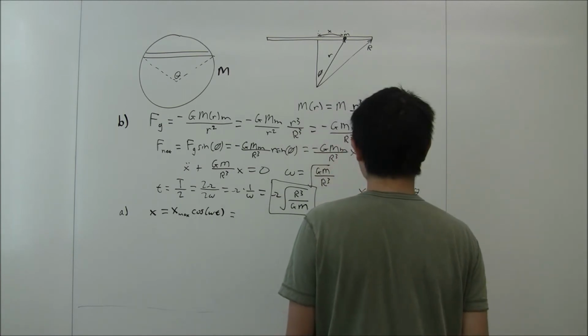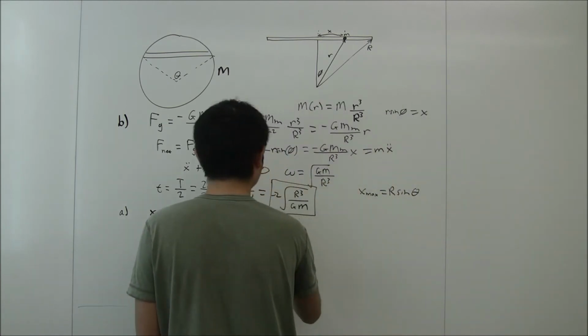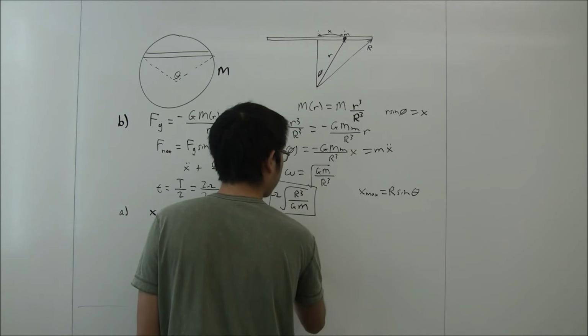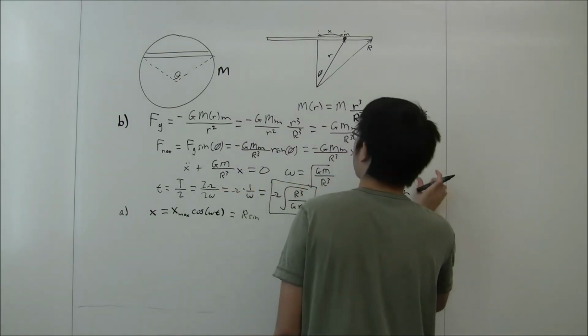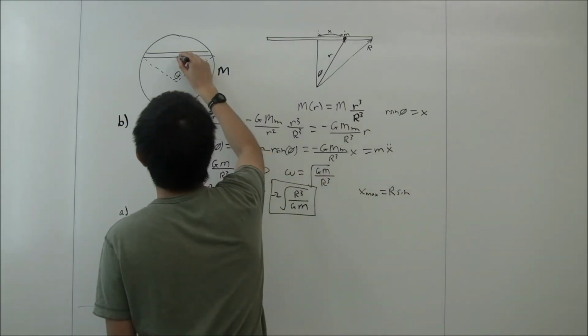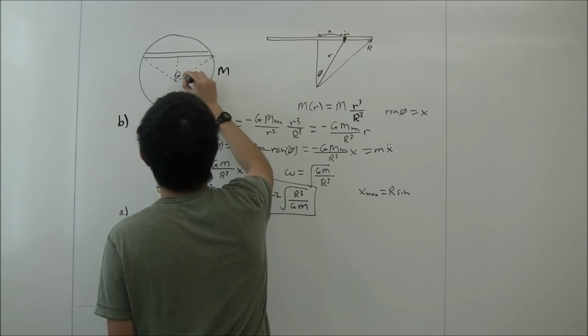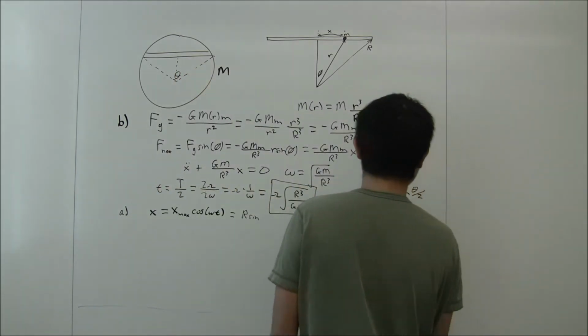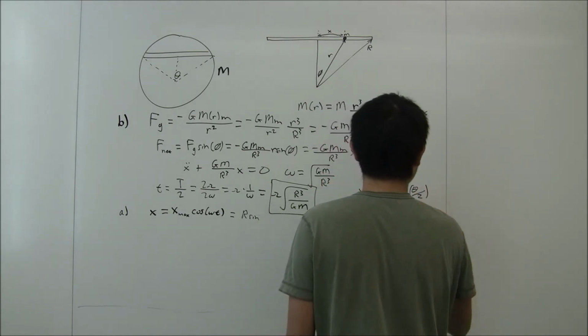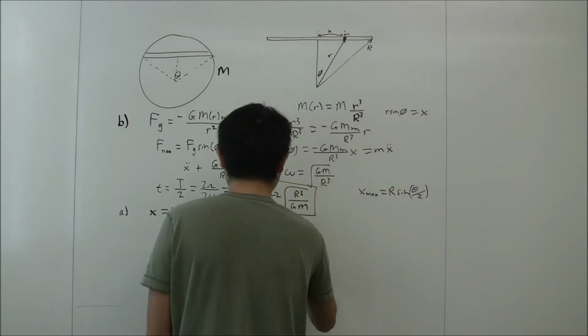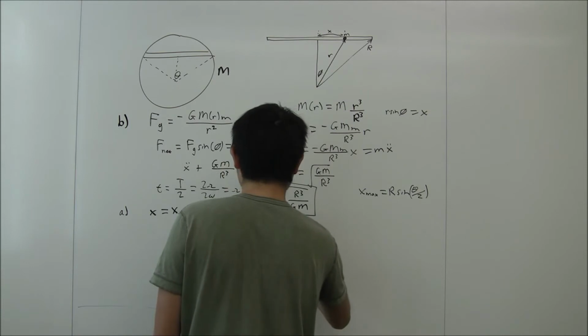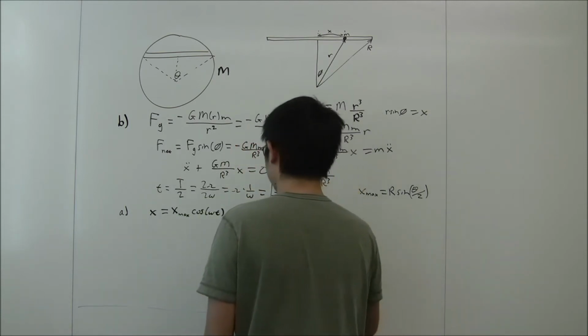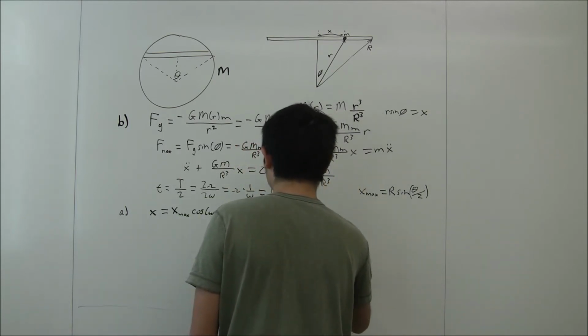So we have that this is equal to r sine, sorry, this shouldn't be theta. This angle is theta, so this angle here is just theta over 2. So this should really be r times sine of theta over 2. So we have that x is equal to r times sine theta over 2 times cosine of omega t.